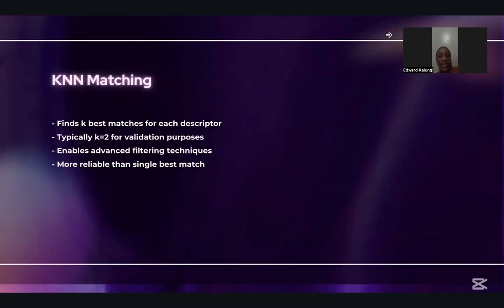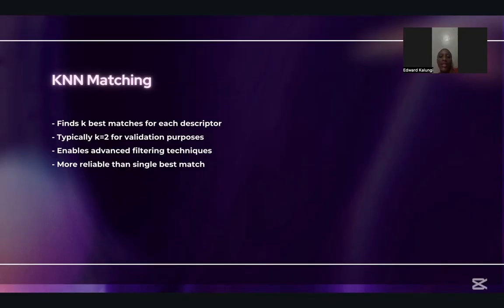KNN, the k-nearest matching. Brute force matching provides the KNN matching via the BFMatcher dot knnMatch to get the K best matches. Here, instead of returning just the best match, it returns K best matches for each descriptor.